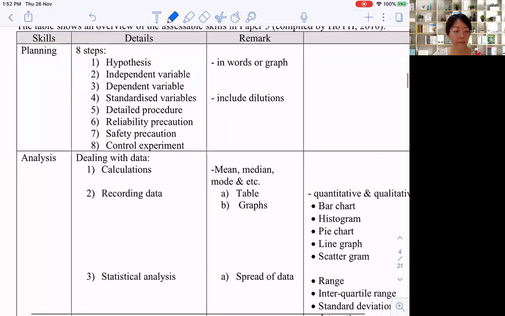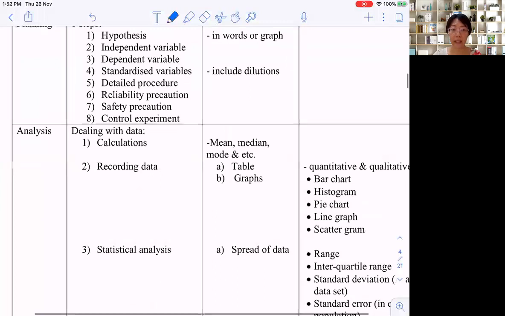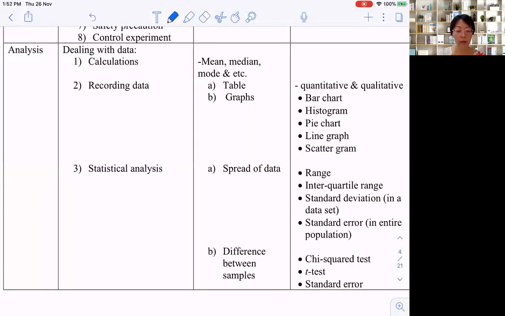For the second 50% of paper 5, it includes analysis, where you need to deal with data. You need to do calculations, recording of data, and statistical analysis. For statistical analysis, we can look at the spread of the data, which I've done today. So we look at range, interquartile range, standard deviation, standard error, as well as error bar.